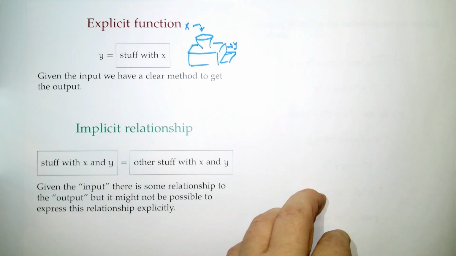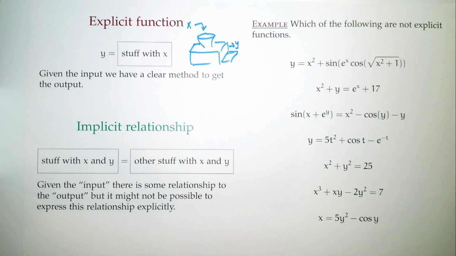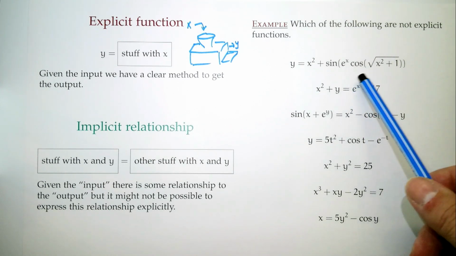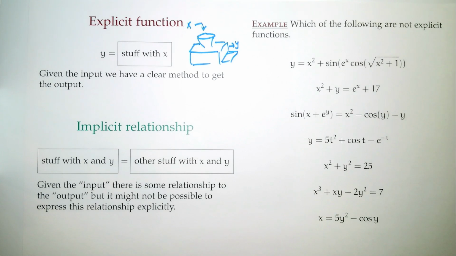So let's take a look and talk about which of these are not explicit functions. Okay, so y equals x squared. Actually, let's just put them all out here. Y equals x squared plus sine of e to the x times cosine of square root of x squared plus 1.